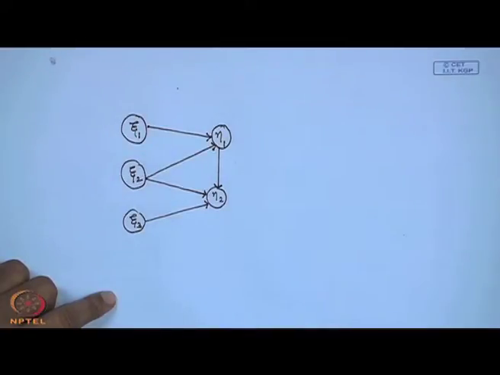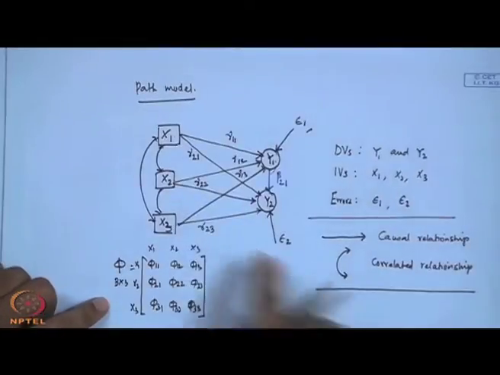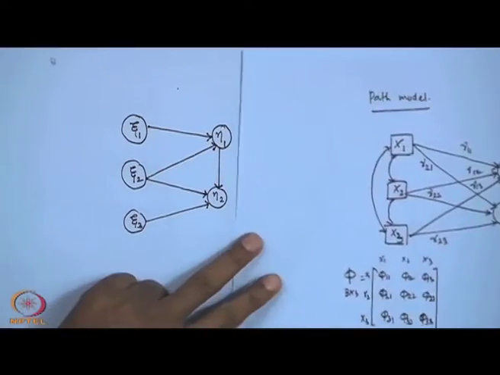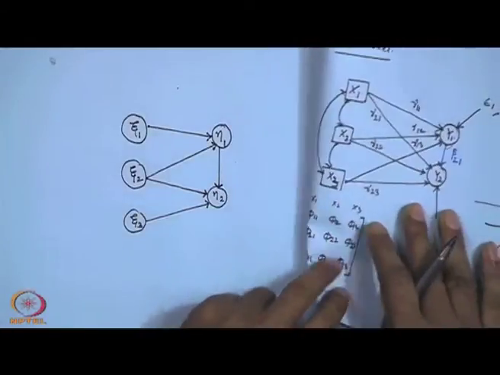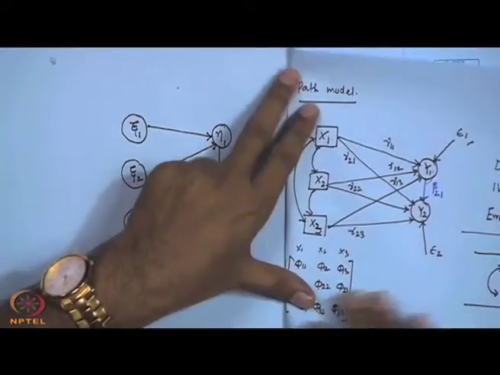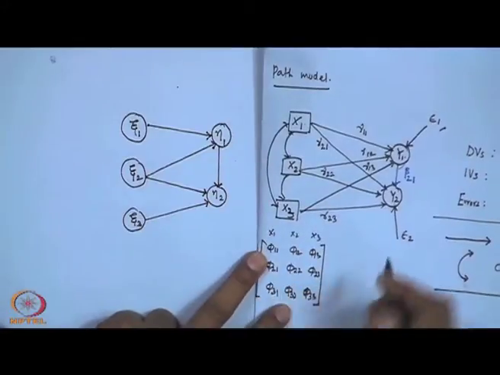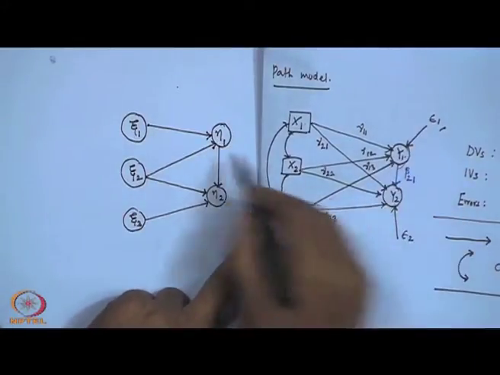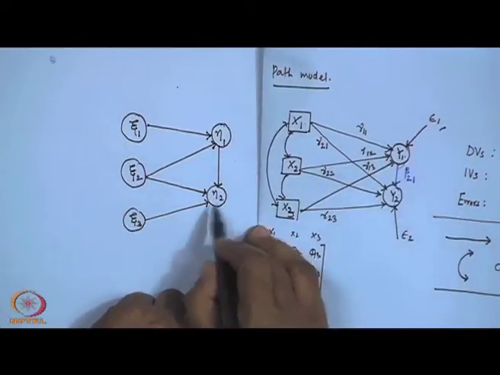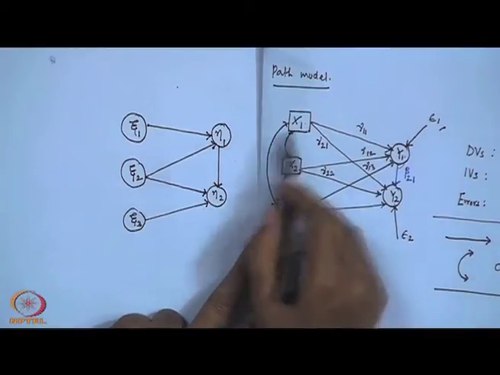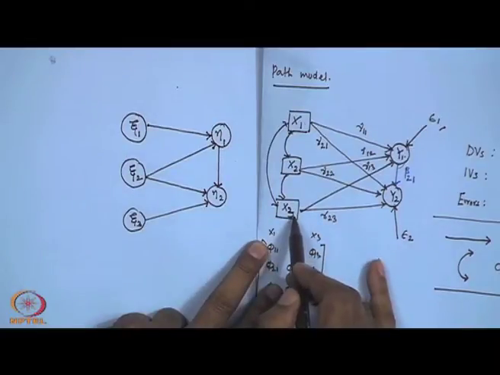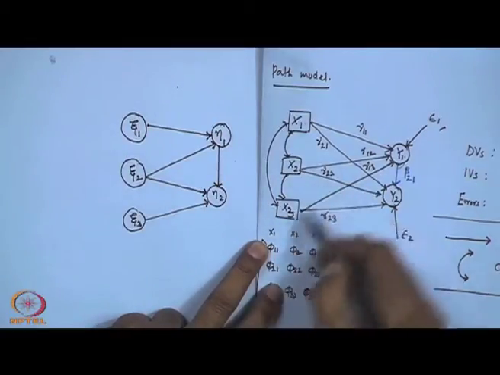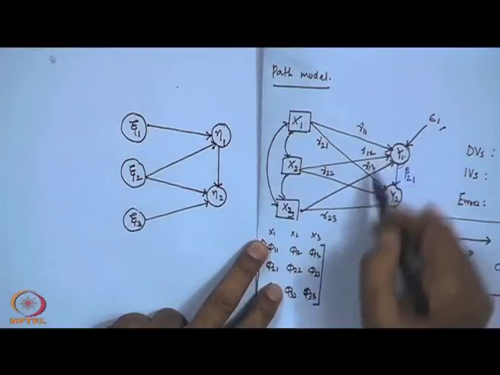So under this condition, if you see the structure in the path model equation, let me find out this path model. Yes, this is our path model equation. So if I keep these two side by side, what is happening here? You see we are writing eta 1 in place of y 1, eta 2 in place of y 2, xi 1 in place of x 1, xi 2 in place of x 2, xi 3 in place of x 3, and here all the x variables are linked with y 1.